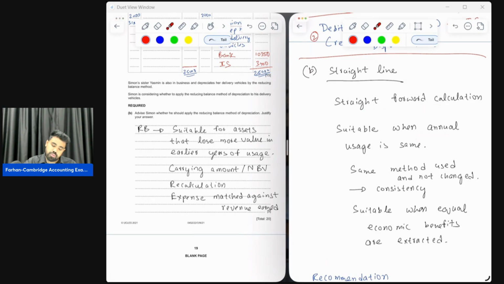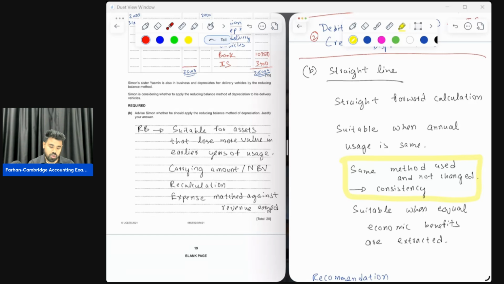It's also suitable when equal economic benefits are extracted, where we want to match the expense incurred against the revenue earned every year. But a key important point is the violation of the consistency accounting concept, where similar methods should be used and not changed, because it prevents comparison in terms of decision making and analyzing business performance, right?